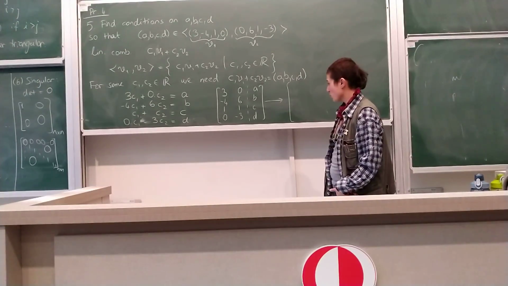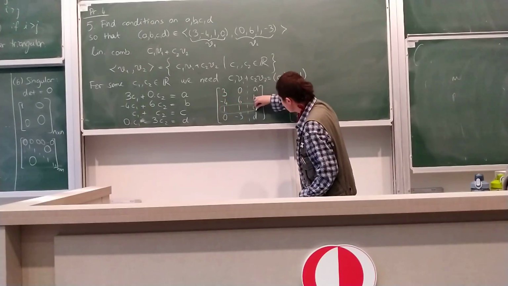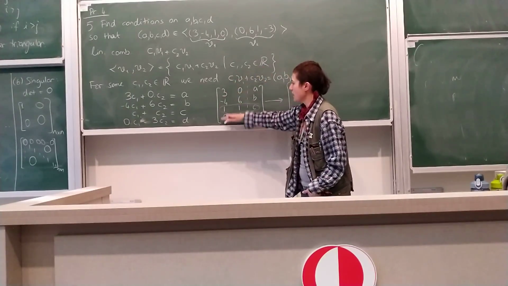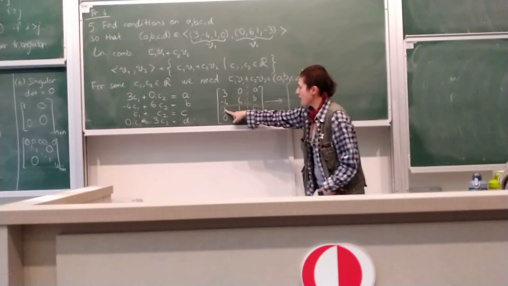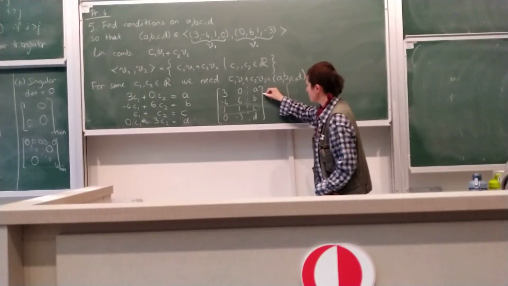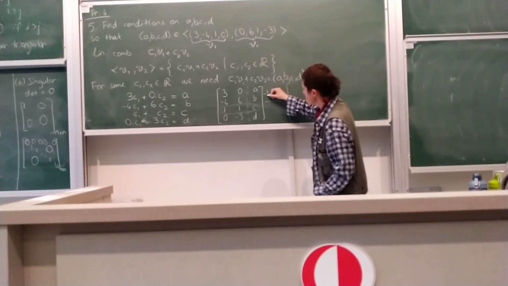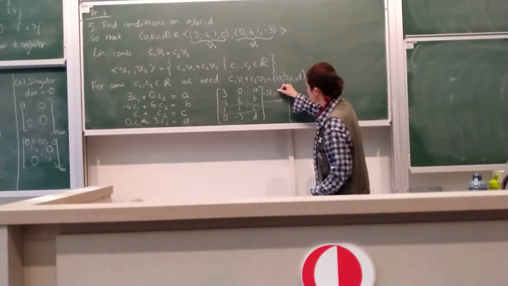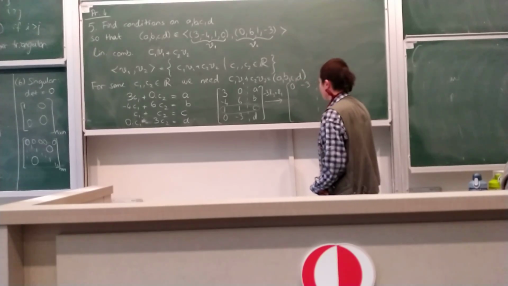Alright, keep this one and make everything under and up this one 0. Right? So multiply by minus 3 and add to the first row. What am I doing? Minus 3 times row 3 plus row 1. So 0 minus 3.